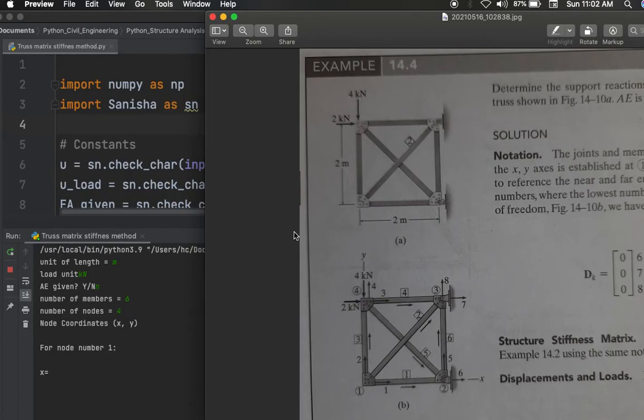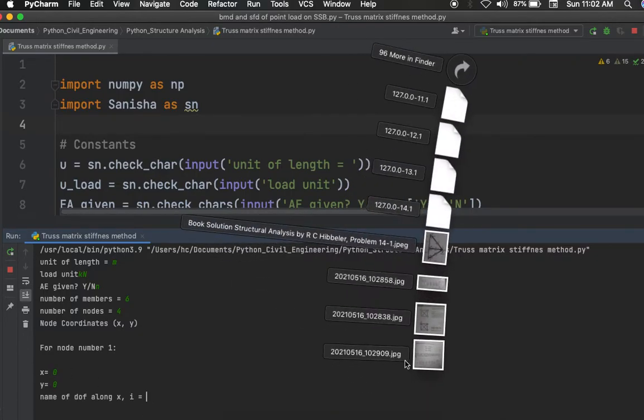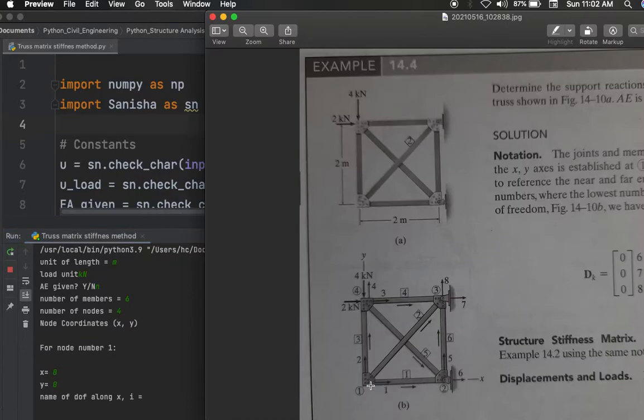It is easy to solve the problem if these are positive. In a computer it doesn't matter, because the computer can do all the calculations, but by hand it becomes convenient, so we will go with that only. Okay, so x value for 1 is 0, y value is 0, and then you have to put the name of the degrees of freedom along x.